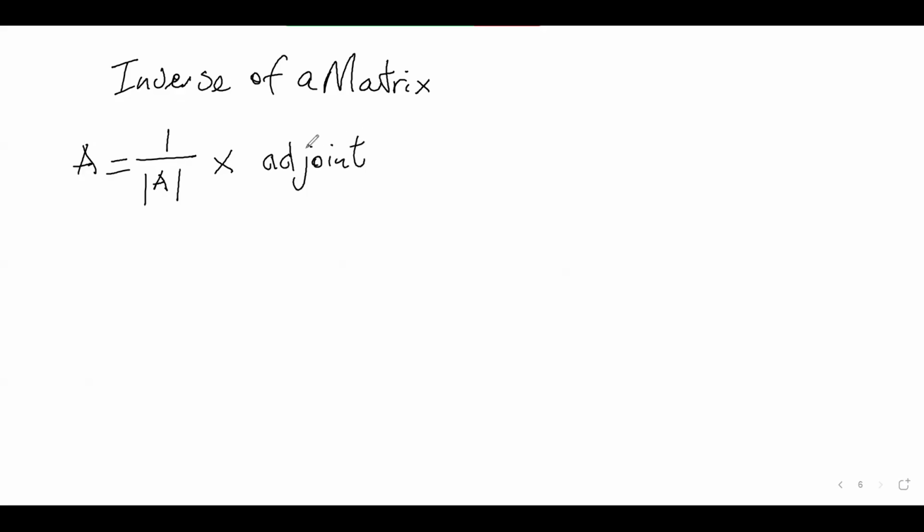All right, so take that down, and that's it for tonight. So A inverse is 1 over the determinant multiplied by your adjoint matrix.